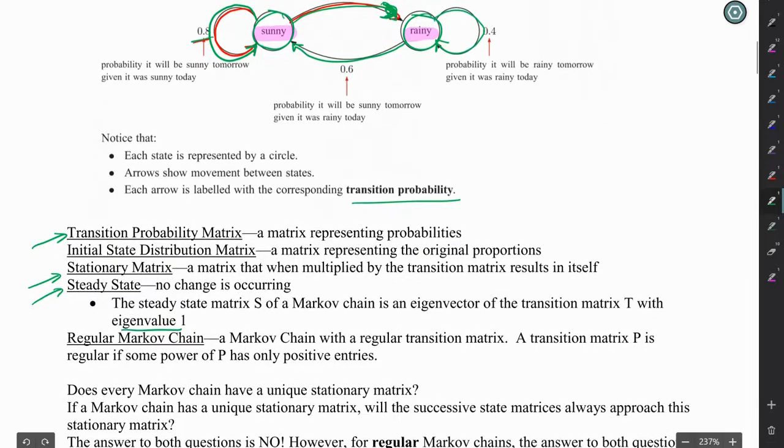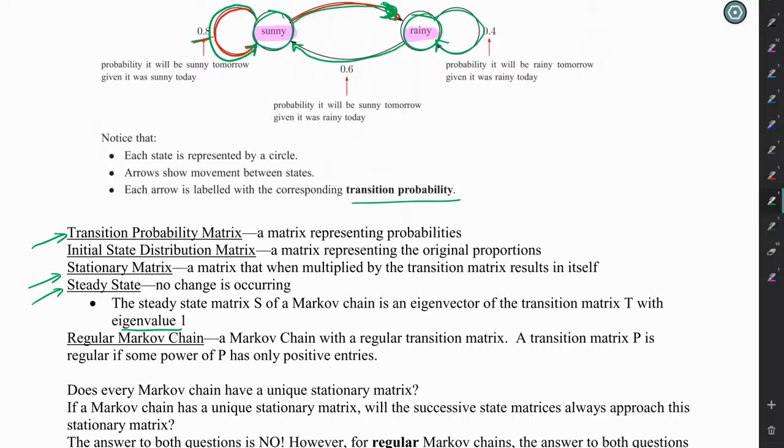What happens is there comes a time where, as we multiply over and over by the same matrix, finding the probabilities, there becomes a point where our probabilities approach a value where they're not going to change anymore. And that's what the steady state and the stationary matrix refer to.